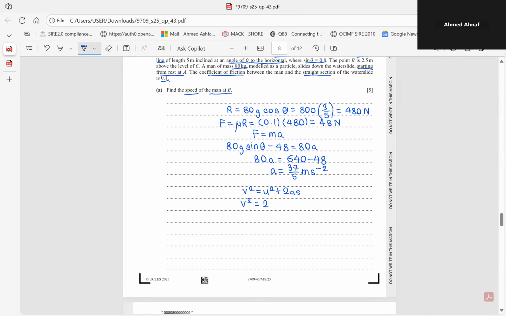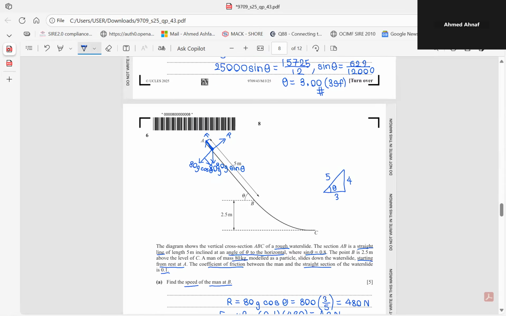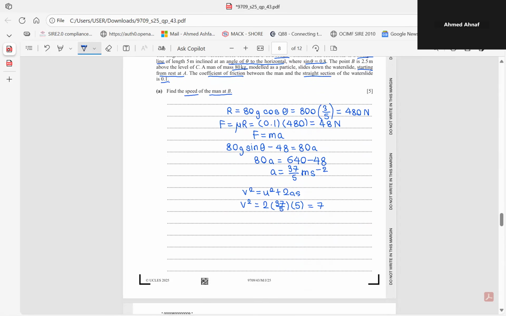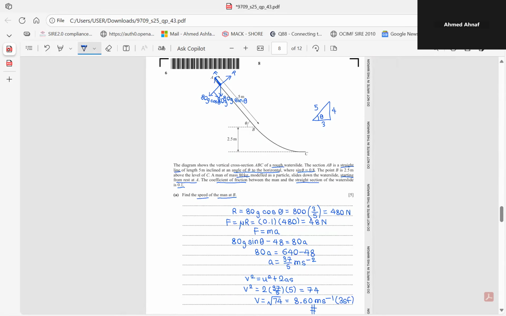So it's going to be 2 times a, which is 2 times 37 over 5, times s, which is 5 meters. So this is going to be 74. And then v would just be the square root of 74, which gives you 8.60 meters per second to 3 SF. So this is our final answer for the first part.